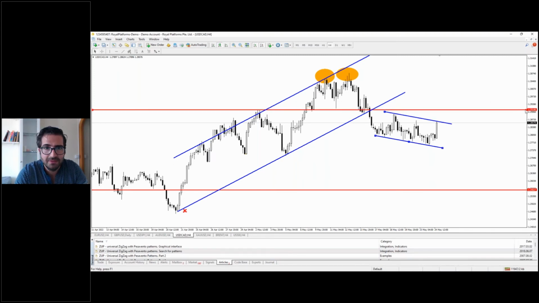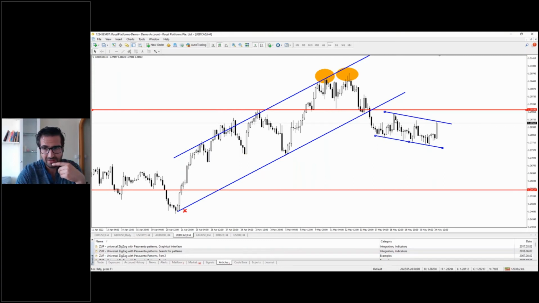1.2913. You can see it, and then it closed below the neckline and below the support level, and it also breached the bullish channel. So this is a good indication that the bears took control of the market, or they are overwhelming the bulls, sorry.